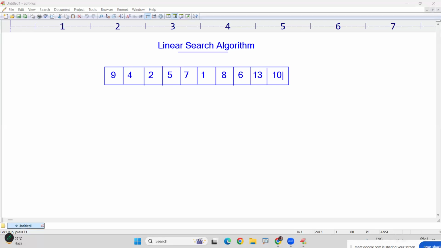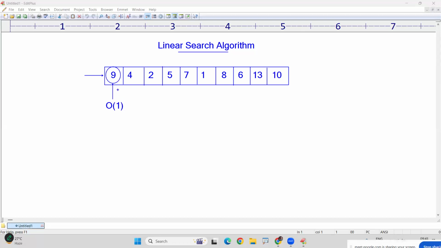Now, whenever we apply linear search, I just want to search for the key. If it is at the top, the starting location, we find it within one iteration only.